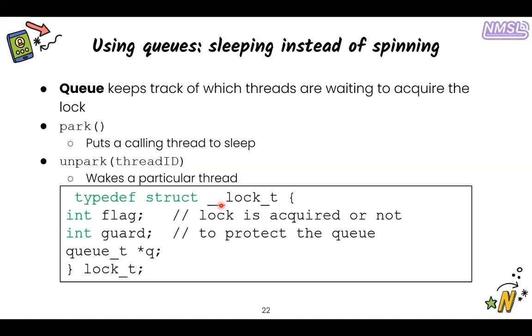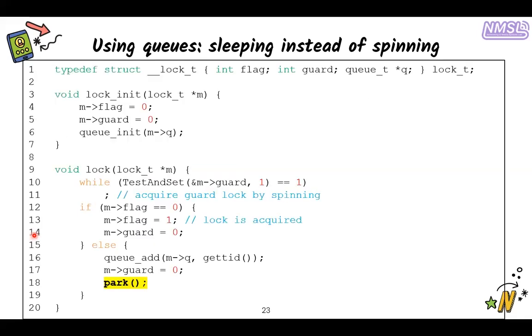So now the lock has a flag, a guard, and a queue. The guard is basically to protect the queue, basically spinning around the flag. That's the only thing here. So when you're locking, this part is when you have the lock acquired. Otherwise, you add yourself to the queue. Now you need to call get thread ID here, and you park.